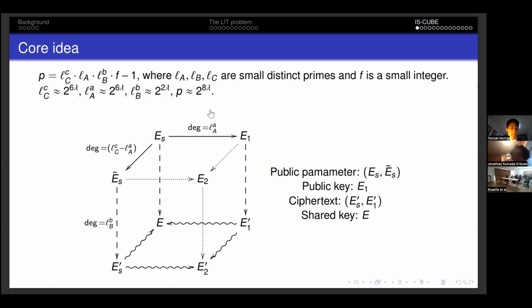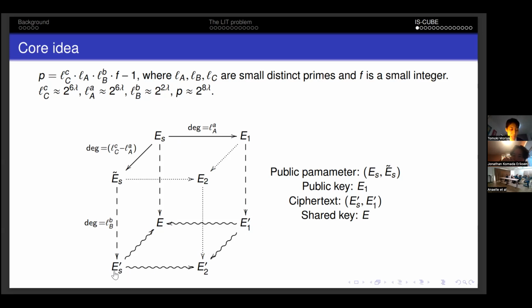Then how does ice cube work is, we first take ES and the other ES as a public parameter, and Alice computes the public key E1 by using the same technique as the CJ hash function. So we did not need the exponent A here. So by using the CJ hash function, she computes E1. And Bob computes the three vertical isogenies from ES and E1, and he gets ES prime and E and E1 prime.